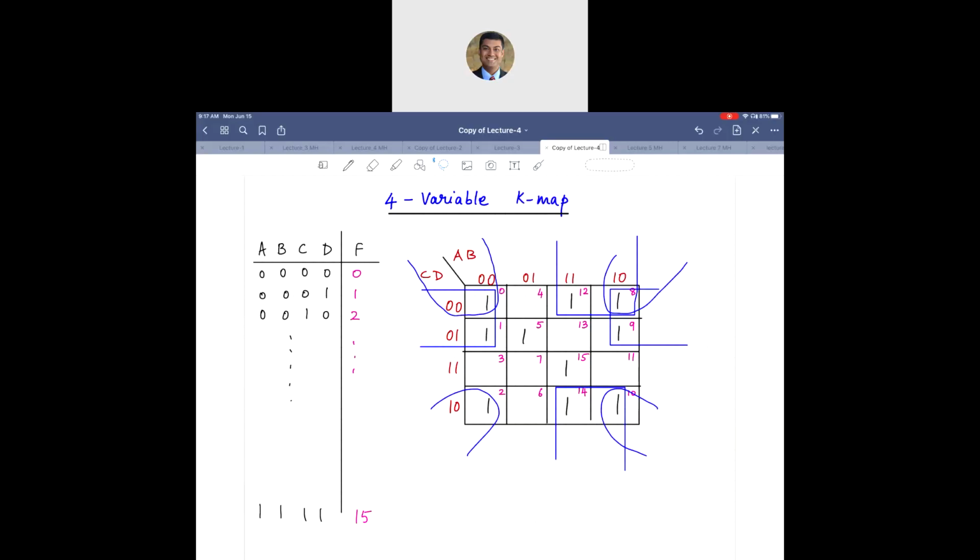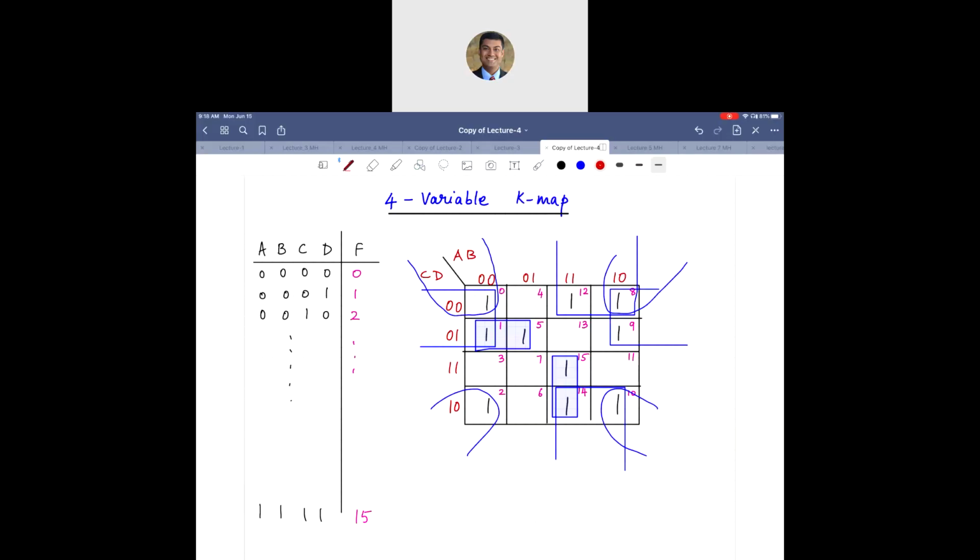Any other possible? I think that's it. Now you can make groups of 2 ones. Let's start with 15. 15 can only be combined with 14. 5 is left. Cell number 5 can only be combined with cell number 1. That's it. That's going to give you the simplest expression.